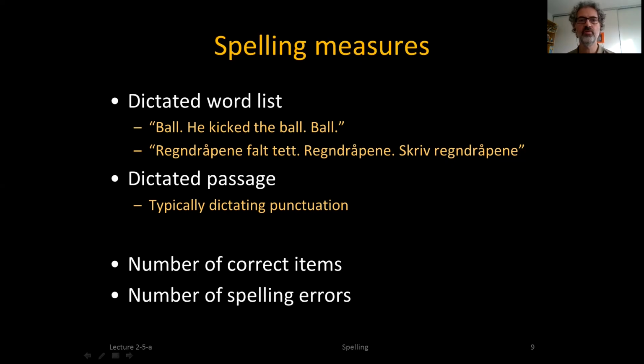A lot of more complex schemes of scoring have been proposed in the literature. That's because one can easily imagine that there are more serious errors and less serious errors in spelling. And it is true that there are qualitative differences in the kinds of errors one makes.